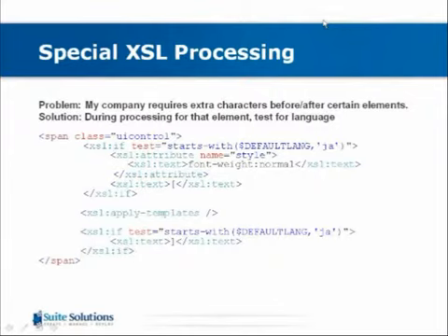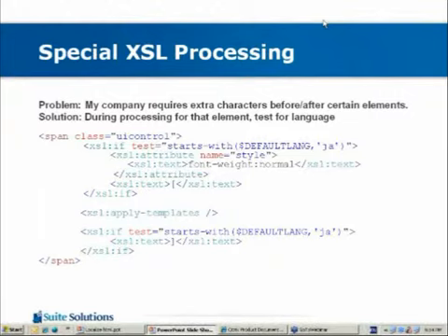The reason you'd want to pass it in is that you definitely need a language in case you have to do any special processing. So let's say we have a customer who says, my UI control for Japanese, I don't want it to be bold.